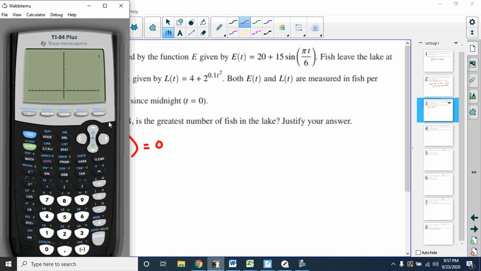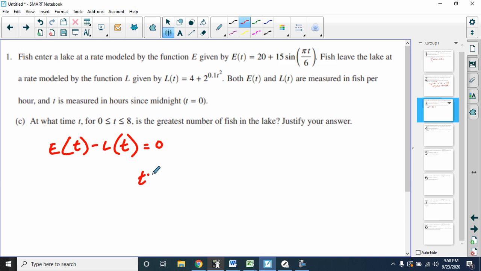We want to know when is that 0, in between 0 and 8. So it looks like from 0 to 8, it's only equal to 0 once. We want to calculate that 0, somewhere in between 0 and 8. It happens at 6.204.